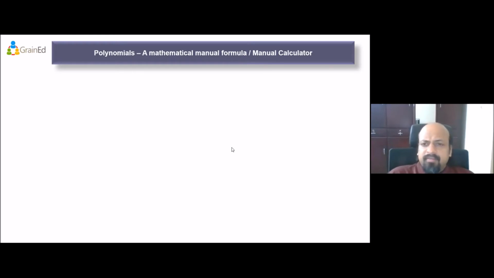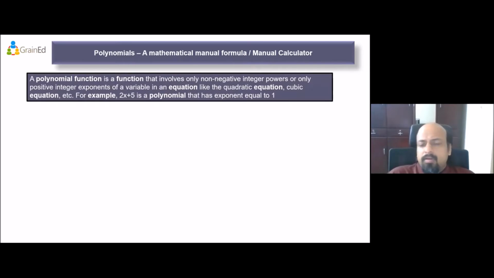From a definition perspective, a polynomial is a function that involves only non-negative integer powers, or only positive integer exponents, of a variable in an equation. It's like a quadratic equation, cubic equation. For example, 2x plus 5 is a polynomial, and that has exponent equal to 1. So you have variables and constants.